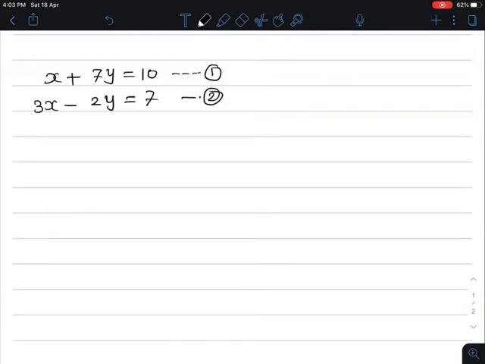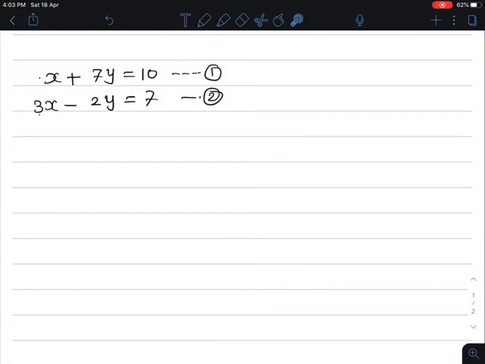Now you think about how to solve. First step, you have to observe the coefficients of both variables. So here the coefficient of x is 1, here 3, and the coefficient of y is 7 and minus 2.